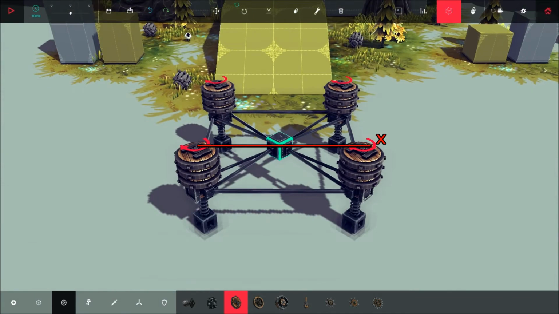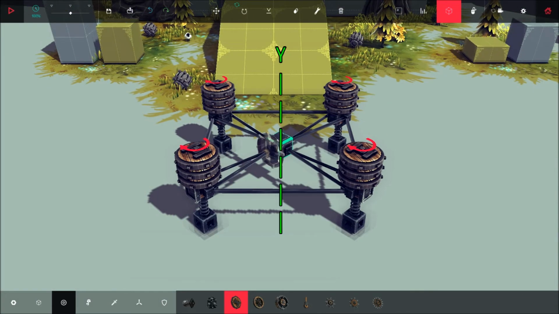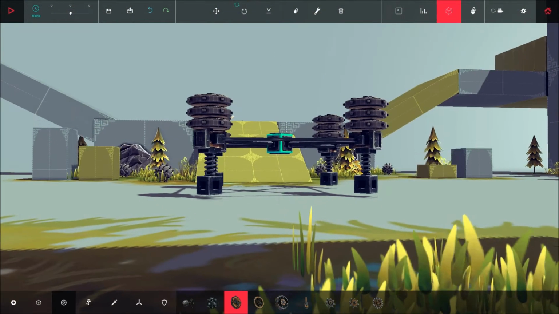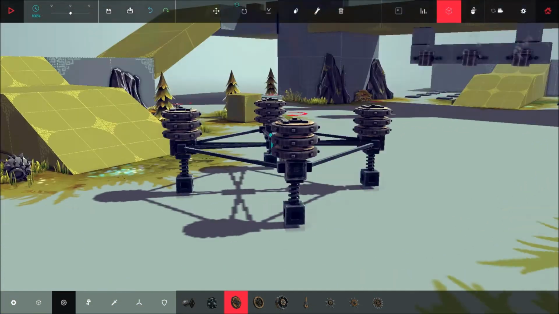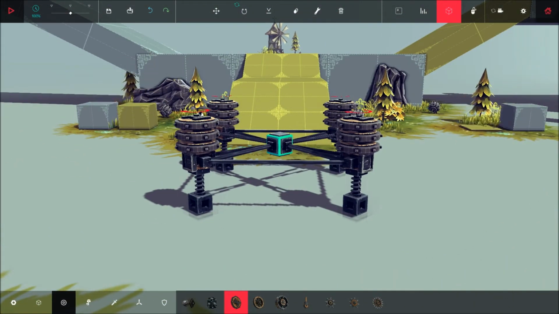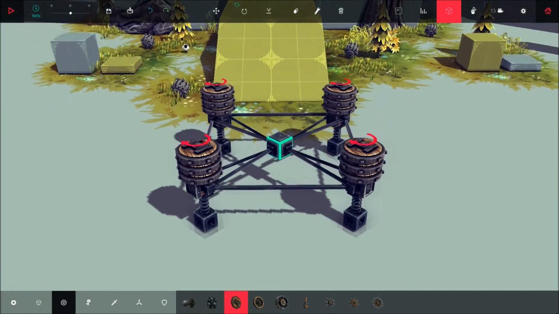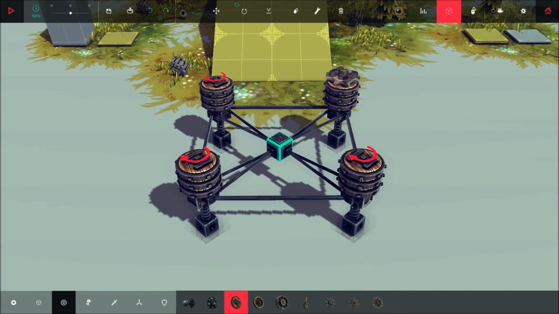So there's X, Y, and then Z. So the pitch layer, which is this one, rotates across the x-axis, and the roll on the z, if that makes any sense. So now this one will stay the same direction it is, because this one is going clockwise, this one will go counterclockwise, and this one will go counterclockwise because this is, again, a clockwise spinning rotor.